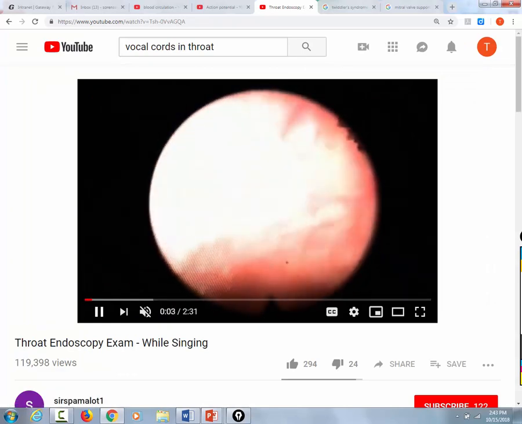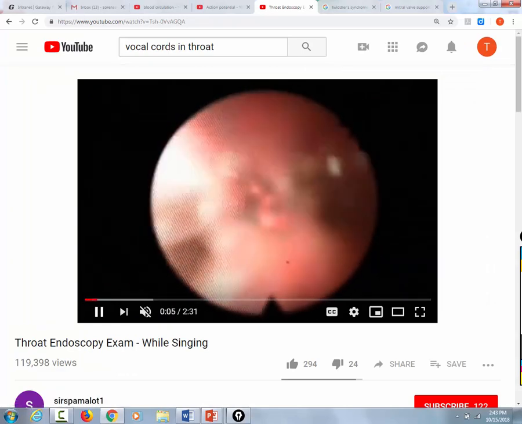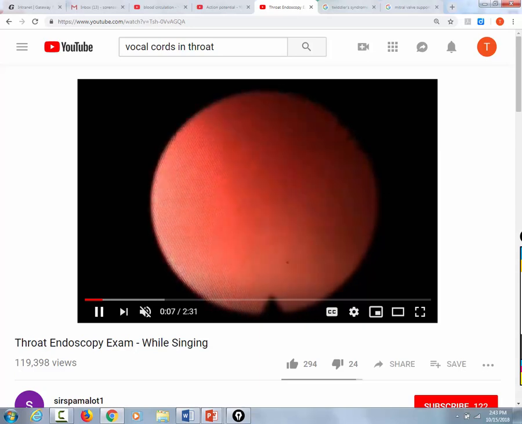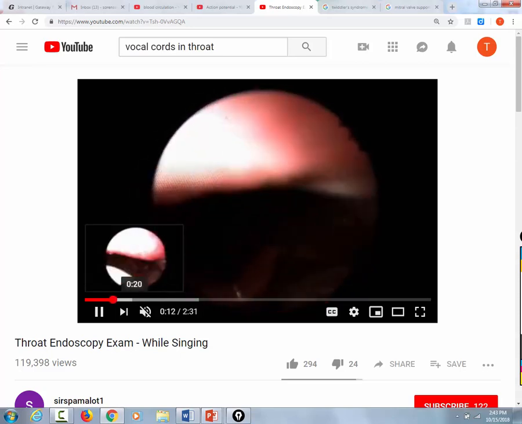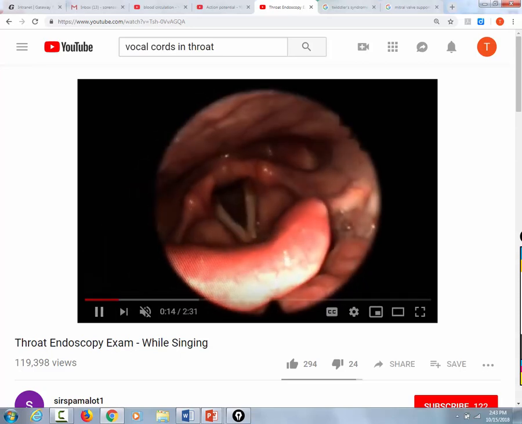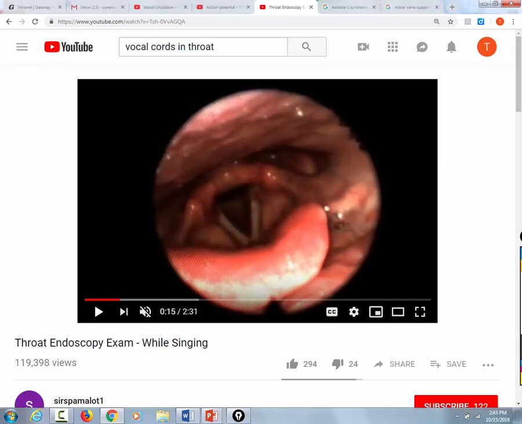Here, they're doing a little bronchoscopy. If you stop right here, here is the epiglottis, right? Then you have the hyoid bone, and then you have the vocal cords. The vocal cords are actually thin pieces of tissue that vibrate as air passes them.